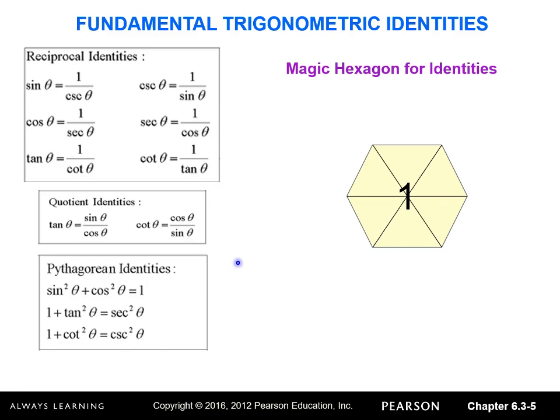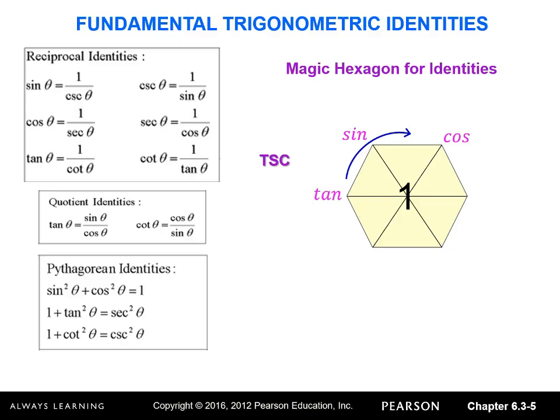To establish this magic hexagon, we'll start completing the functions over this hexagon. I will start by memorizing TSC. You put the TSC on this arrow. T means tangent. Next is sine. Next is cosine. Then for the rest, we will start with the reciprocal identities.